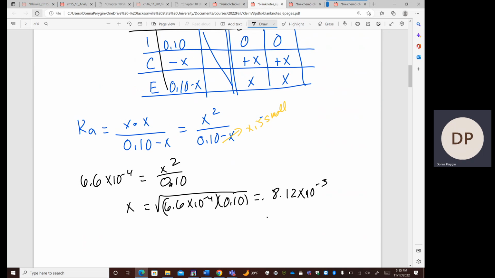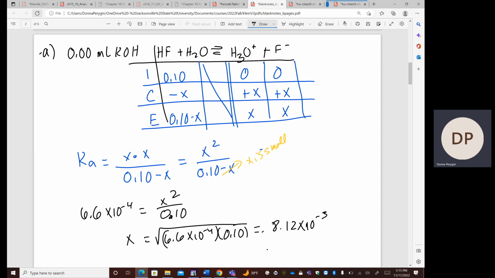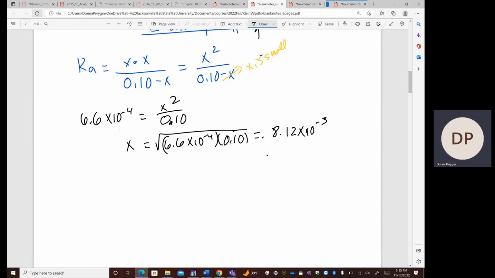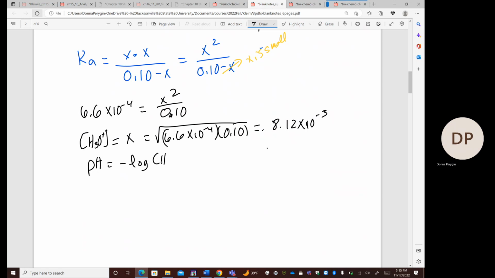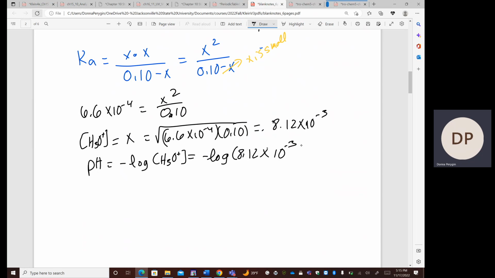So looking back at our equilibrium expression, X represents our hydronium ion concentration. So the pH is equal to the negative log of H3O+, which is equal to the negative log of 8.12 times 10 to the minus 3, which is equal to 2.09.